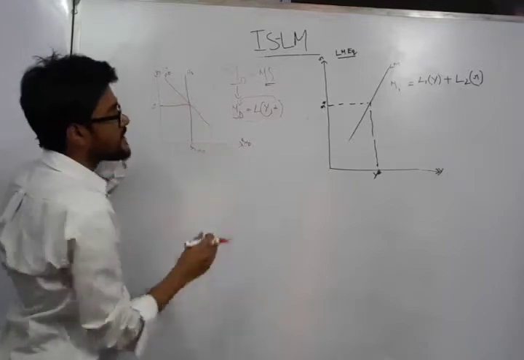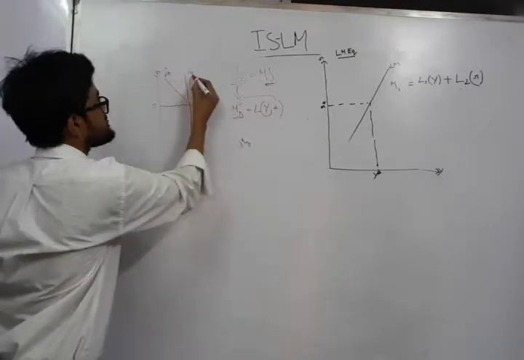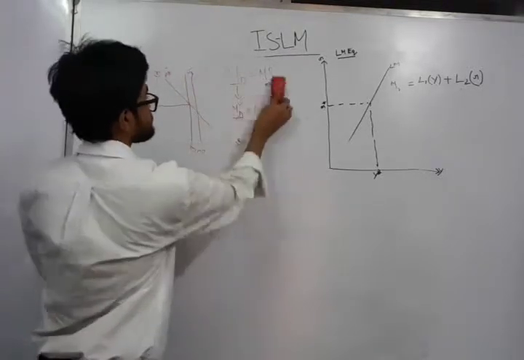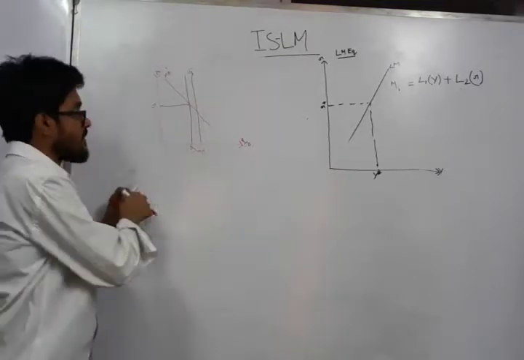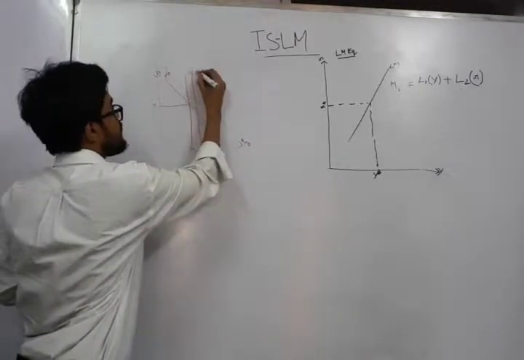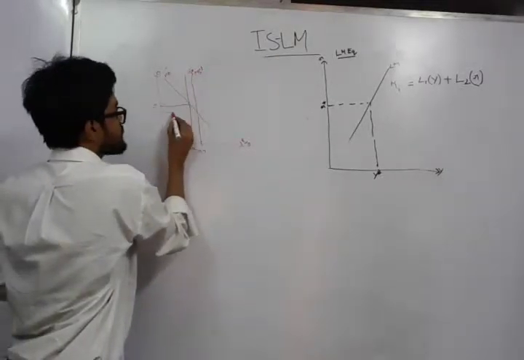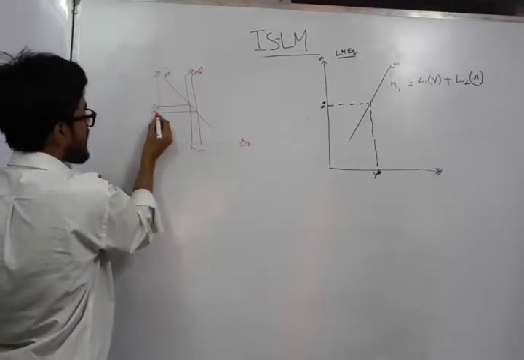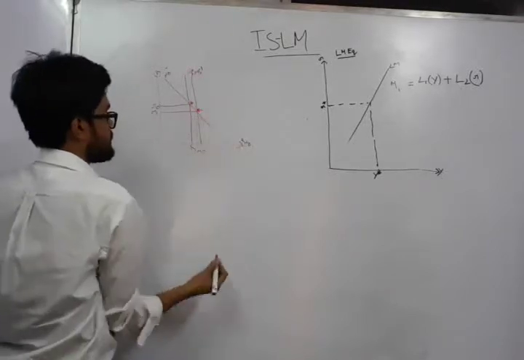From here we get the LM curve. How do we draw it? Let's say the government has decided to increase the money supply in the economy. So now the MS curve shifts from MS0 to MS1 and the interest rate falls, as you can see, from R0 to R1. So we come from E0 equilibrium to E1 equilibrium.